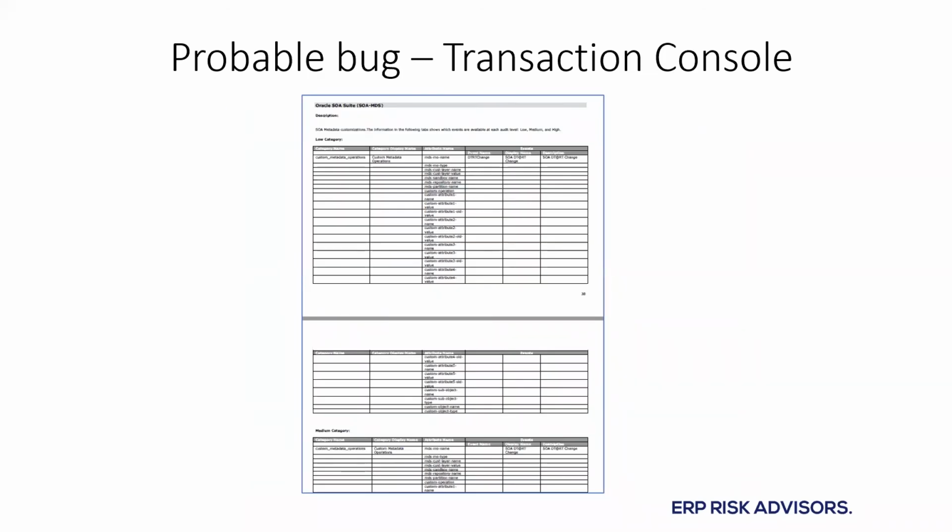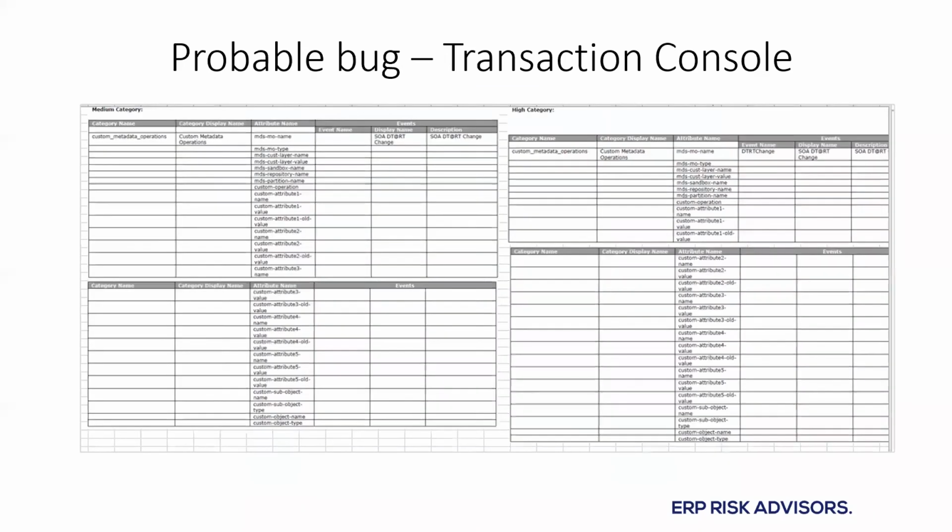This guide provides the details of differences in settings between low, medium, and high, as is shown here. To better analyze these differences, we put the medium and high categories side by side. We noted that the medium and high have no differences. Therefore, this client, having set the audit policy at medium, should not have impacted the data being audited.